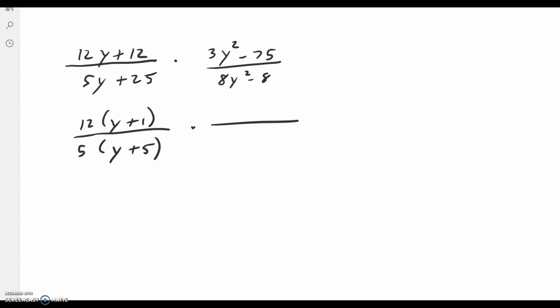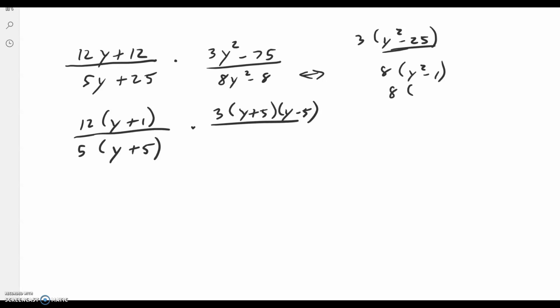Second numerator, a 3 factors out. But once we factor out the 3, then we have a difference of two perfect squares, and that factors some more. And in the denominator here, we can factor out an 8.